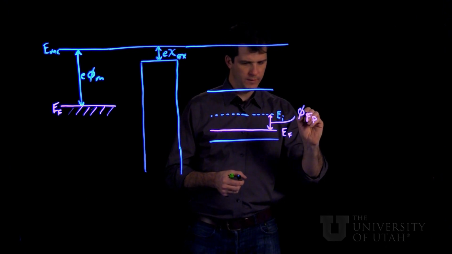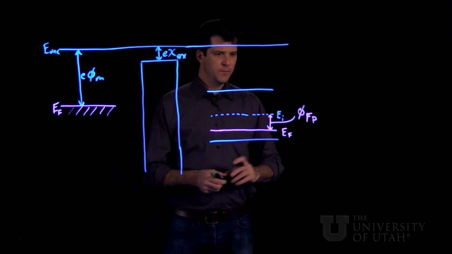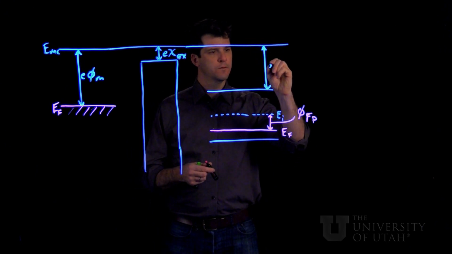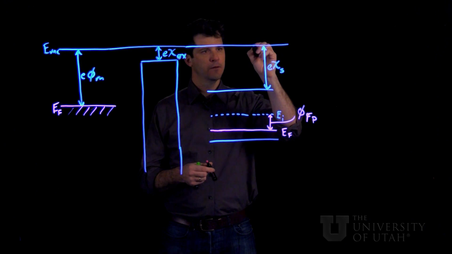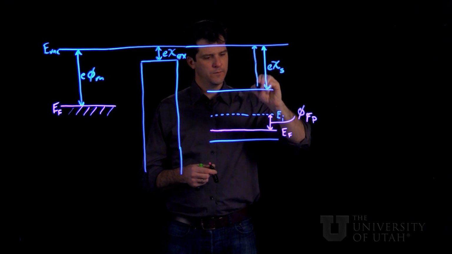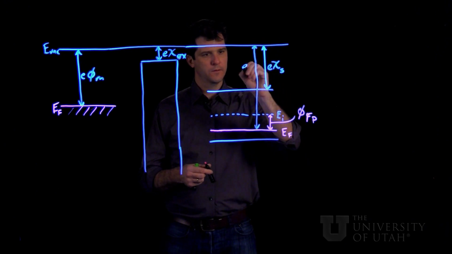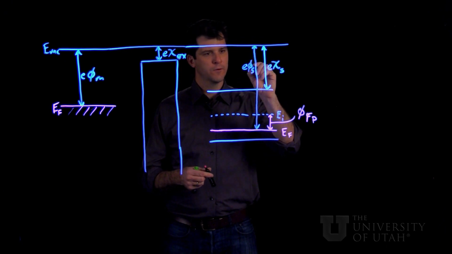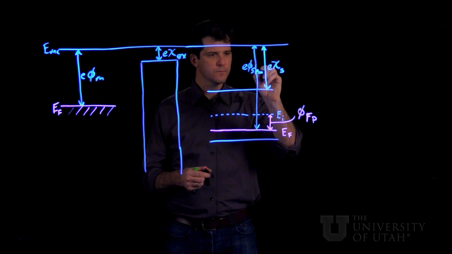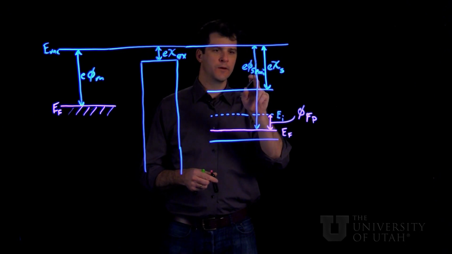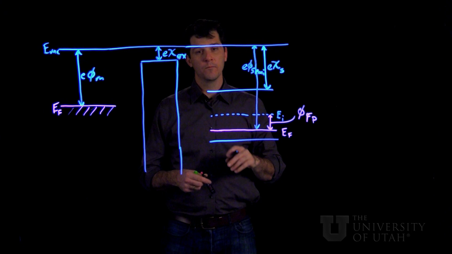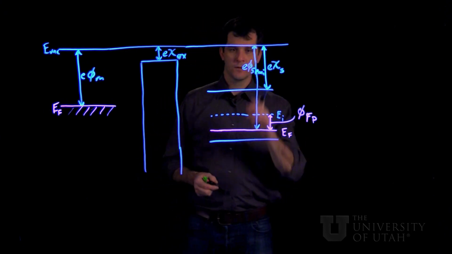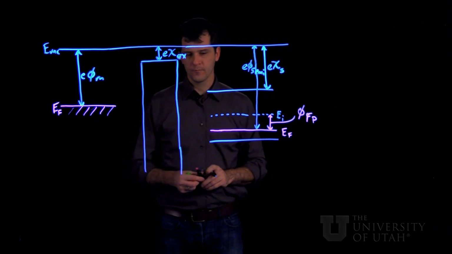So this is our phi F P. This is our semiconductor electron affinity, and this is our semiconductor work function. And I'm going to write out "semi" there for the work function, just because we're going to introduce the phi surface in a minute, and it has the same natural notation.